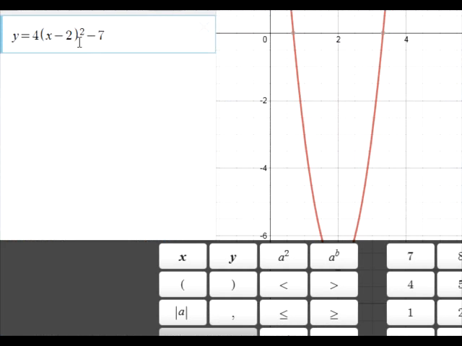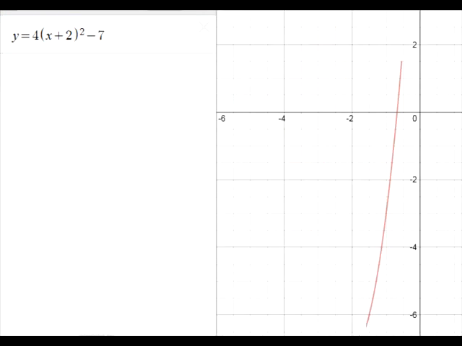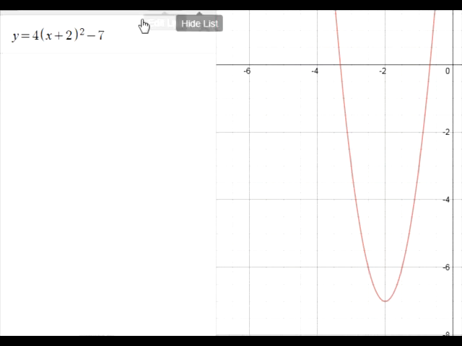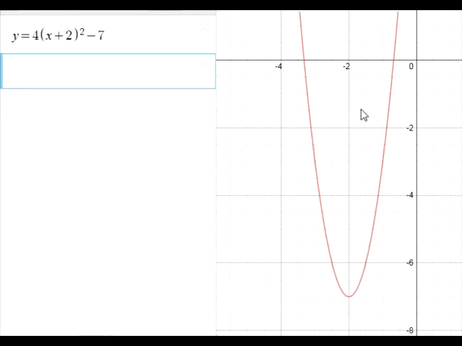What I'm going to do is put the equation in, which is going to be x plus 2 squared minus 7. So this is just the equation here. If you take a look at my graph, we're going to have a vertex at -2 and -7, which is down there.